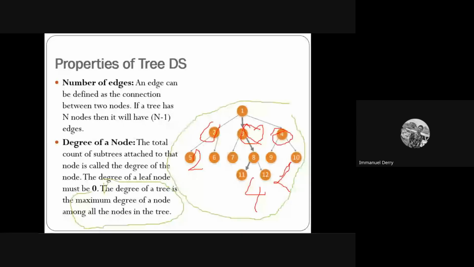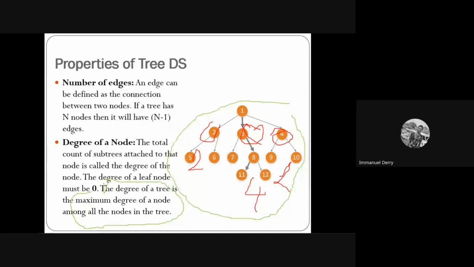Yeah, but that is not the case. So let me read this one for us to see. The degree of a tree is the maximum degree of a node among all the nodes in the tree. So yes, this particular node has 2, this one also has 4, and this one has 2.